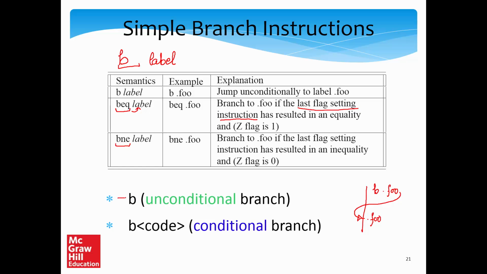The fantastic thing in ARM is that we have many branch instructions, and all of them have a standard format. So we have B first, and then a branch condition code.